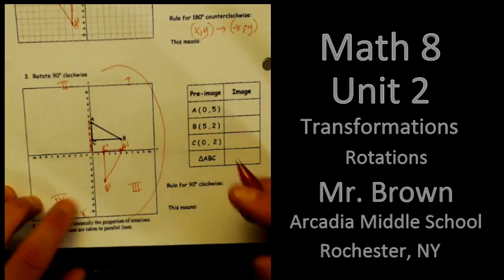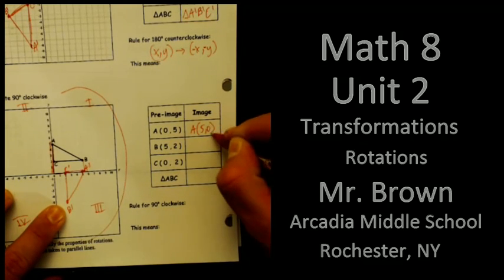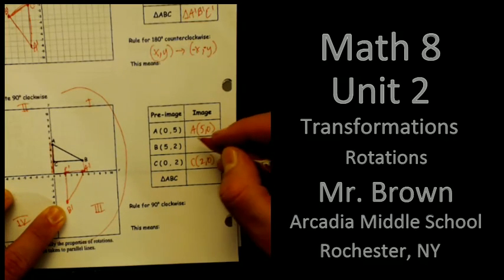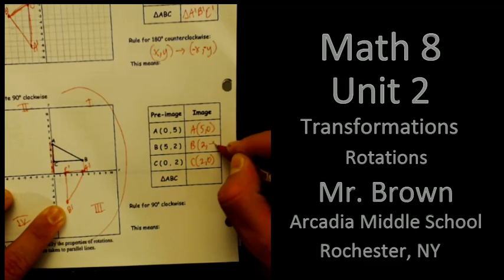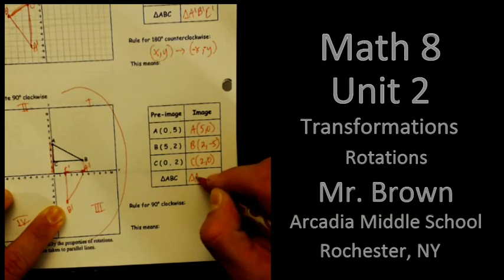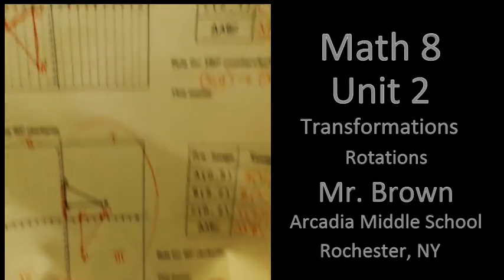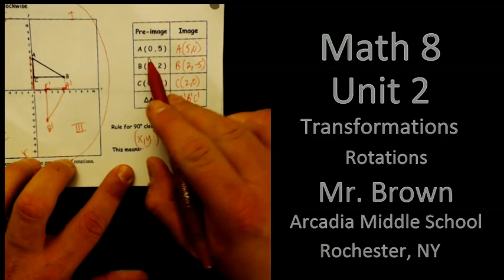So you turn the paper that way, and here's what your ordered pairs would be. A is going to be 5, 0. C is going to be 2, 0. B, since it's in the fourth quadrant, is going to be 2, -5. Triangle A prime, B prime, C prime. Okay, so X, Y, a normal ordered pair.